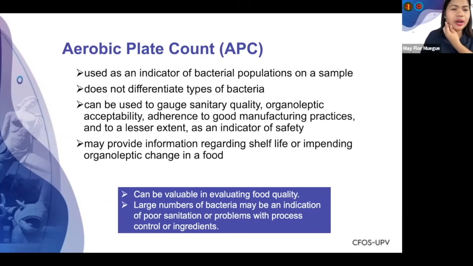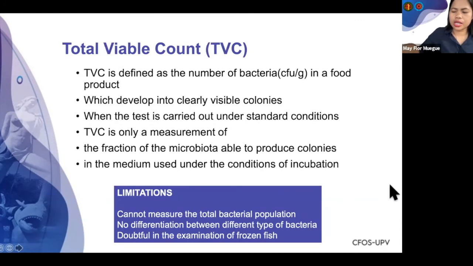And yun will trigger a change in the organoleptic quality or attributes of the food product or fish. Okay? Large numbers of bacteria may be an indication of poor sanitation or problems with process control or ingredients.